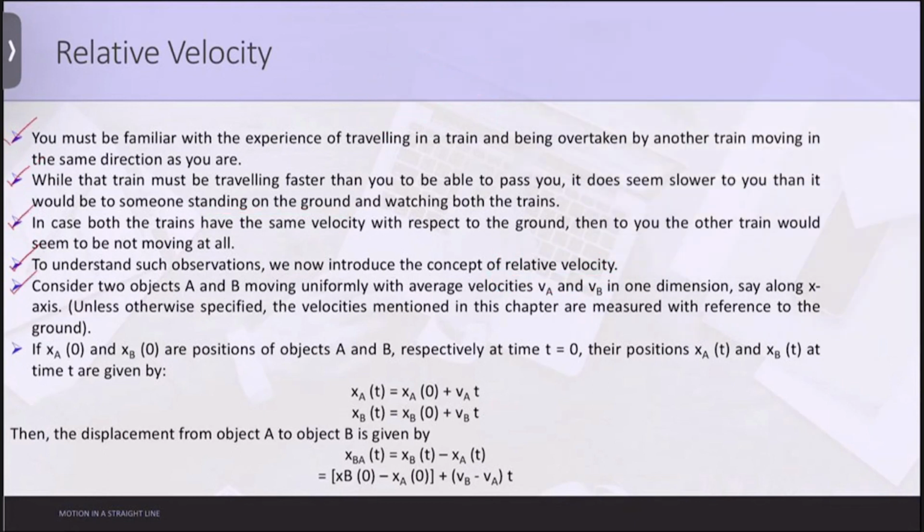Consider two objects A and B moving uniformly, please remember, moving uniformly with average velocities VA and VB in one dimension, say along the x-axis. Unless otherwise specified, the velocities mentioned in this chapter are measured with reference to the ground.